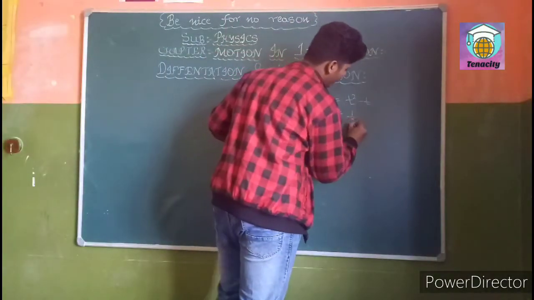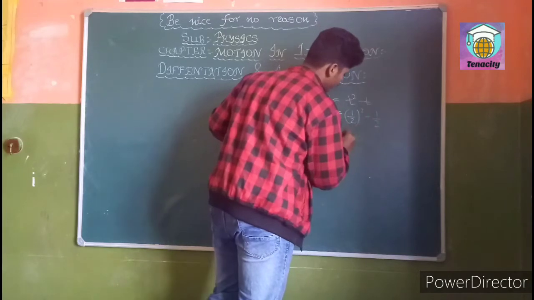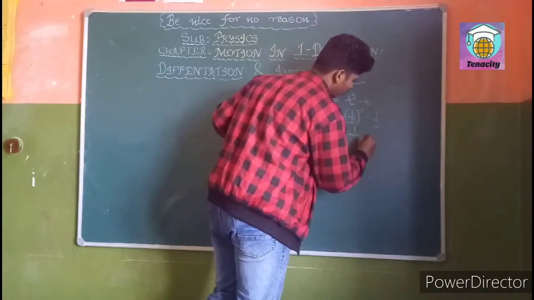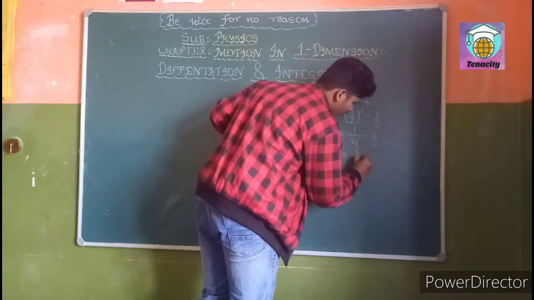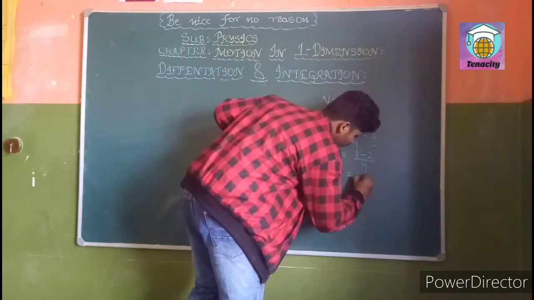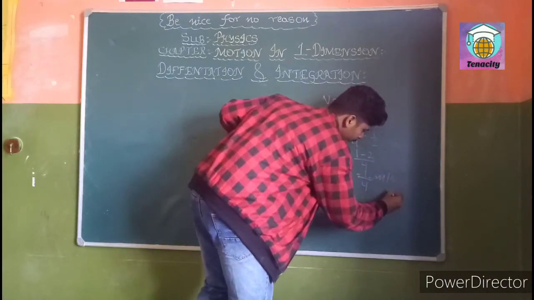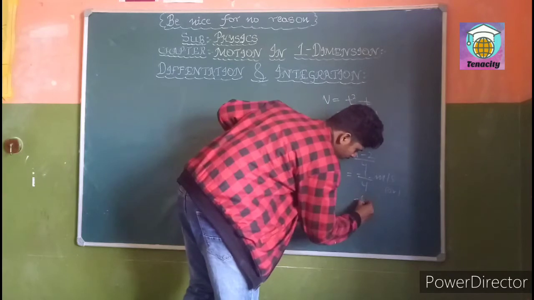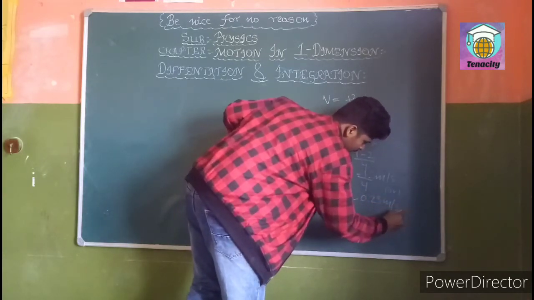So 1 by 2 square minus 1 by 2. That is 1 by 4 minus 1 by 2, which is equal to 1 minus 2 by 4, equal to minus 1 by 4 meter per second, or minus 0.25 meter per second.